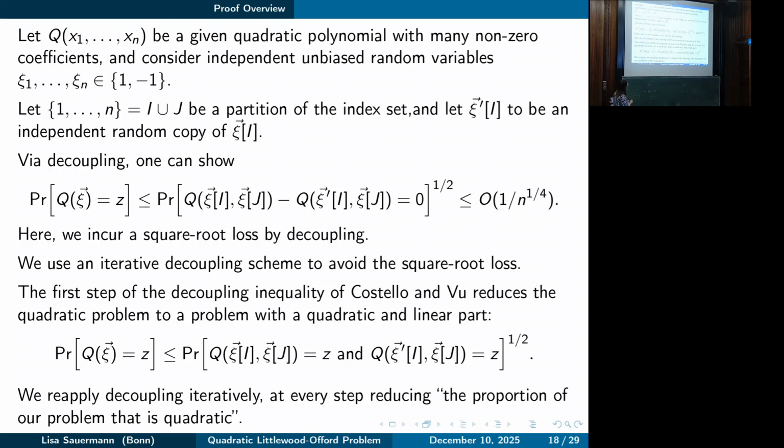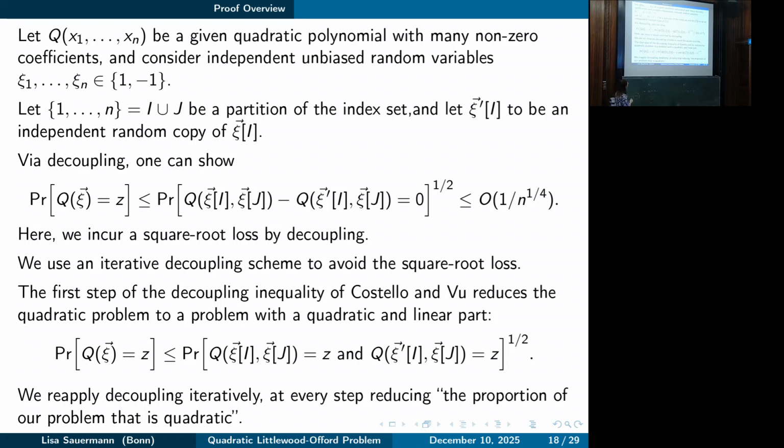So our idea is to do this iteratively. The other observation here, which will become more clear on the next slide, is that we have two quadratic equations, but one of the main insights is to look at this not as two quadratic equations. We can actually look at this as one linear and one quadratic equation, because we still have the linear equation from the difference and then one of the quadratic equations.